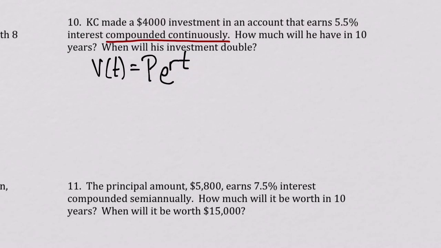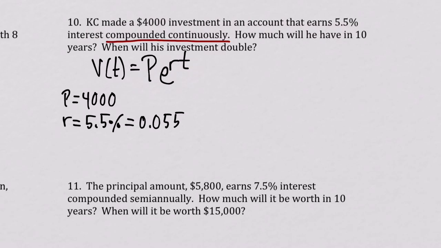So we're going to plug in all the values. The investment is 4,000, so that's P. The account earns 5.5%, so r is 5.5%, which we're going to change to decimal form, 0.055.